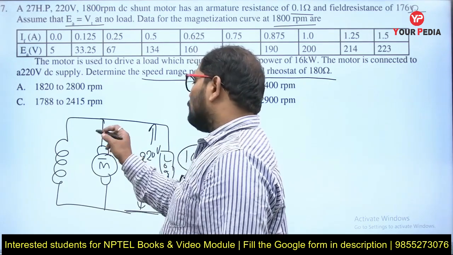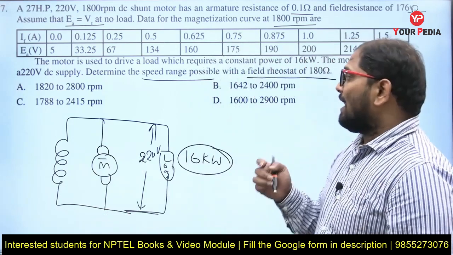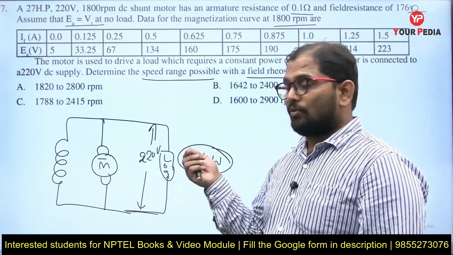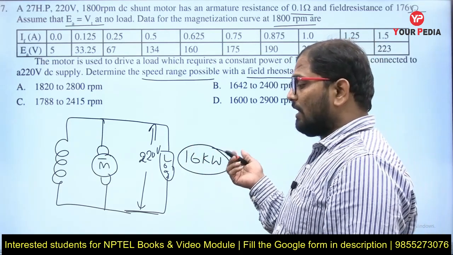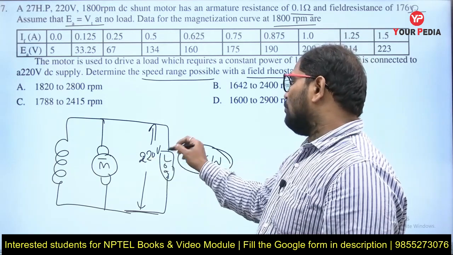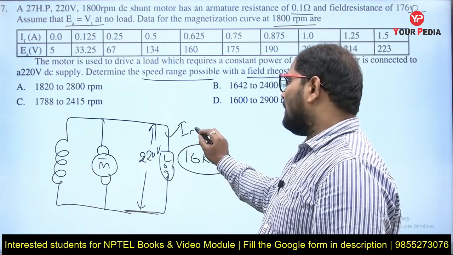So what happens to the back EMF, and how much load current will flow through the circuit? If you check with the load, this is the terminal voltage. Let me take this current as IA.